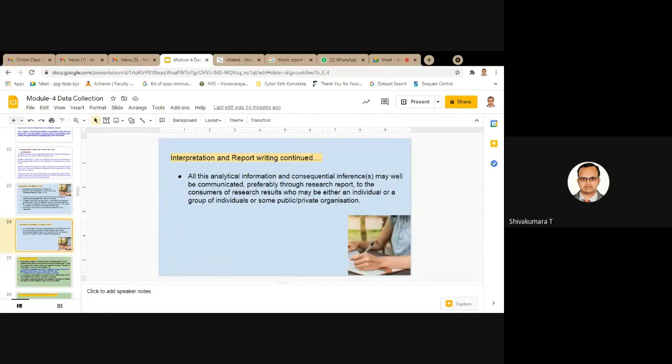All this analytical information and consequential inferences, so there is a possibility of drawing one conclusion or multiple results. In that case, preferably through a research report to the consumers of research results, who may be either an individual or a group, or individuals or some public or private organization.